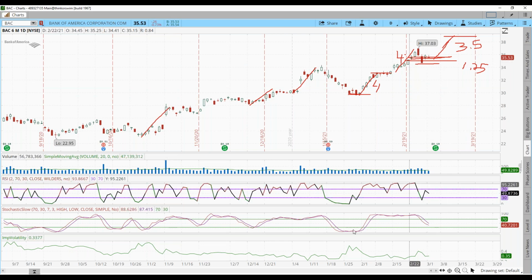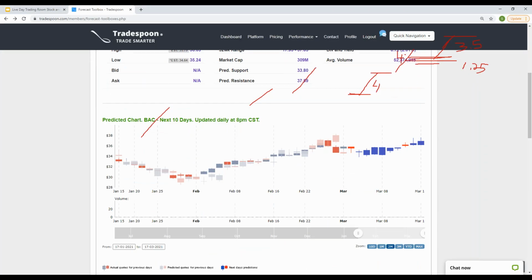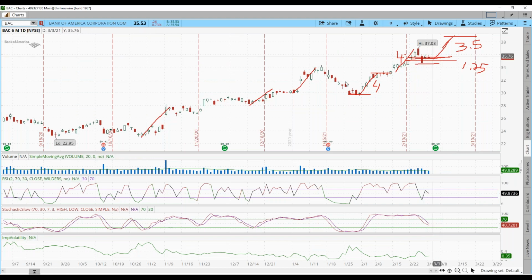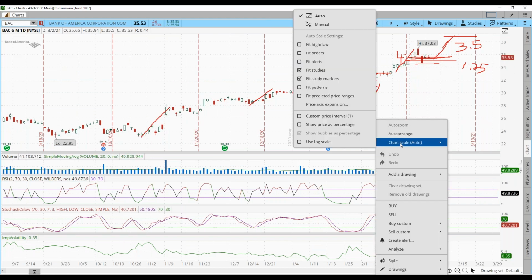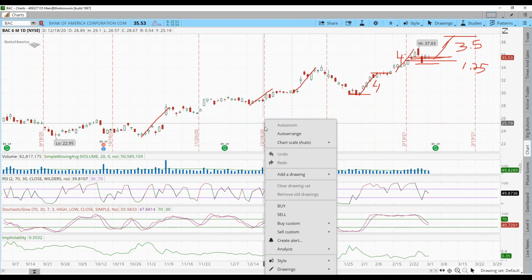We have probability from the model showing us this. We have probability with the trend. Now, could I go and see what's the probability that by the 12th it's up here at 39? Well, let's go take a look.